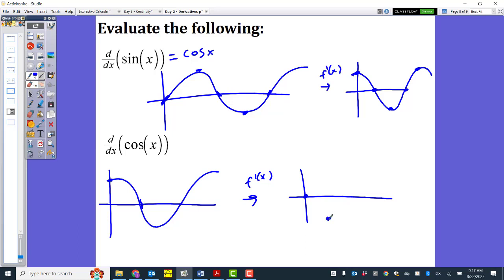So negative 1 down here, 0, positive 1, 0. And so this almost looks like the sine graph, but it's different. Instead of starting by going up, it goes down. So that means that the derivative of cosine is equal to negative sine of x. So the derivative of cosine is negative sine.